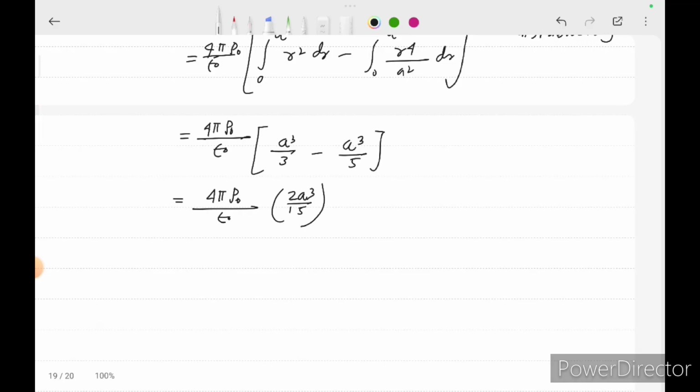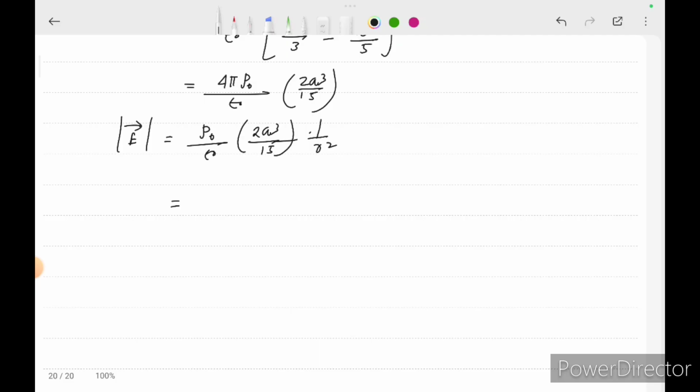So the electric field magnitude is equal to rho naught upon epsilon naught times 2a cubed upon 15, into 1 upon r squared. So that is 2 upon 15 times rho naught upon epsilon naught times a cubed upon r squared.